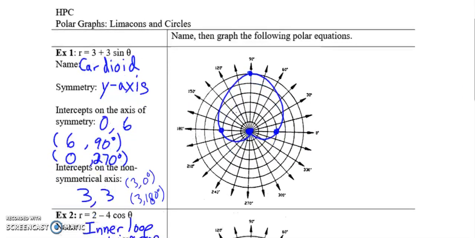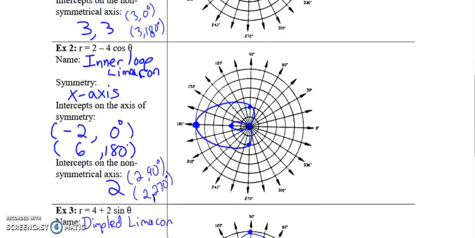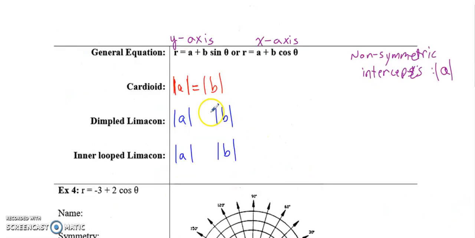In example 2, again not worried about negative, A is 2, B is 4. For the dimpled Limacon, A is 4, B is 2. So for the dimpled Limacon, A is greater, and for the inner loop, B is bigger.